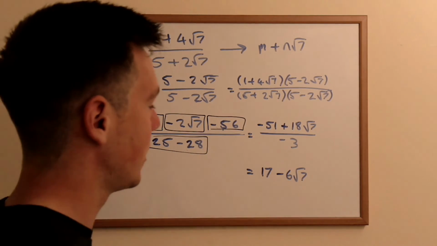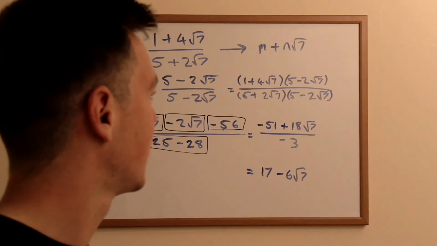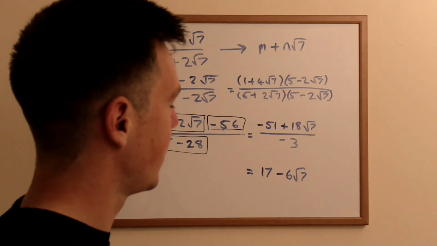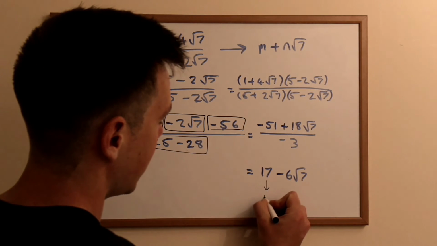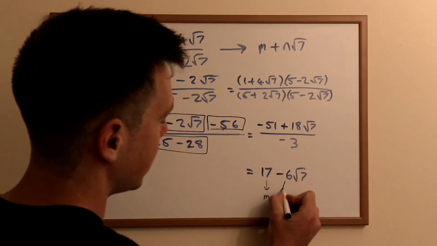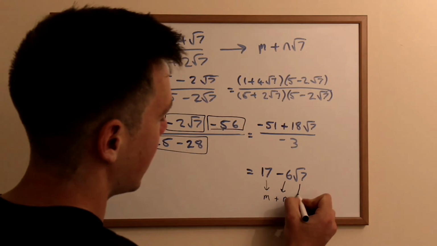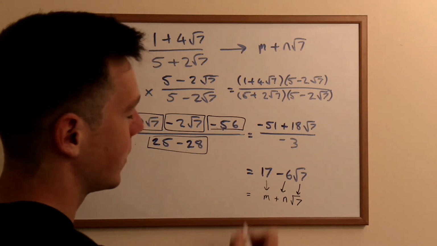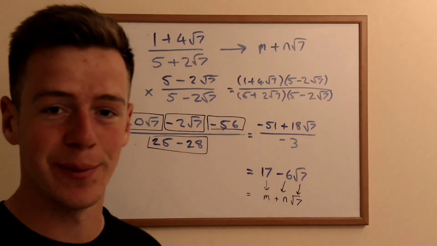So our final answer is 17 minus 6 root 7. So this is the format we needed, so we can see 17 is the m, the negative 6 is the n, and the root 7 is the root 7. So it's all in the correct format, and this is our final answer.